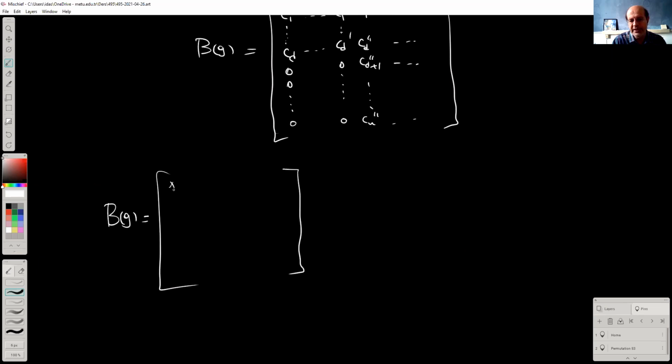The first D columns and D rows are going to have some non-zero entries, so that's going to be a block in here. There's going to be some block in here too. All of these X's represent some non-zero blocks, but we will have zero entries in this subblock.